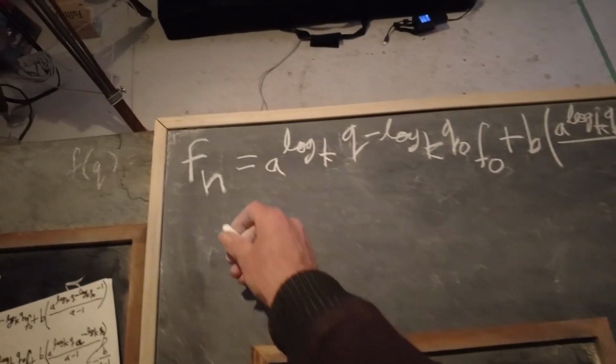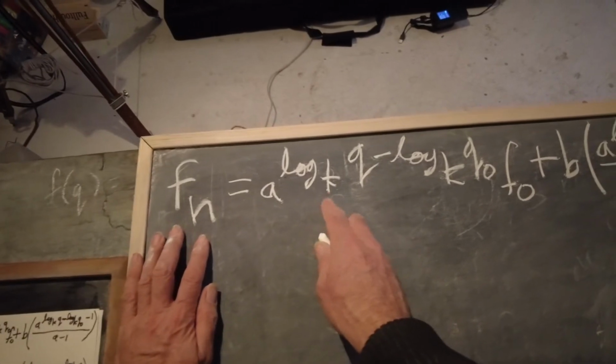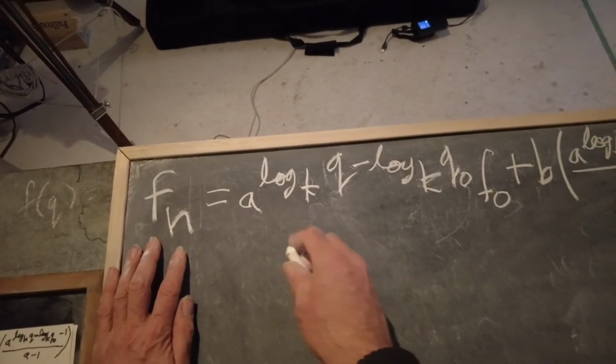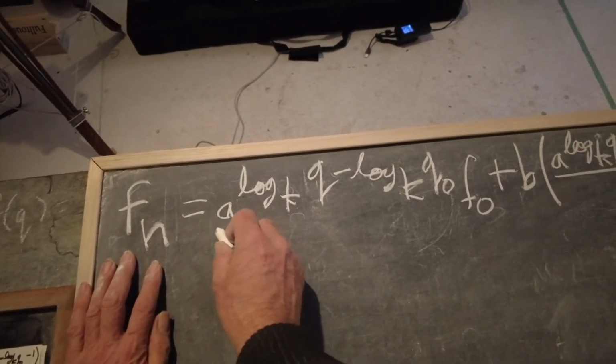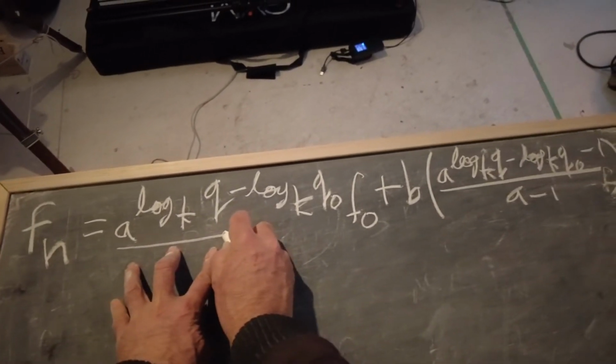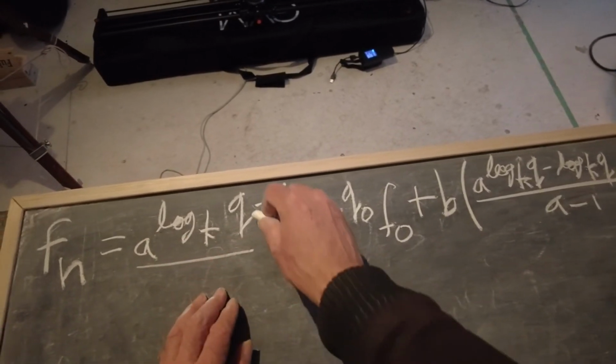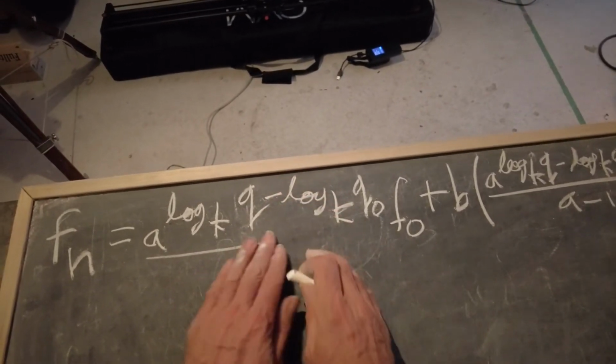And now that f n, you can see a pattern here. This has a term in q. This depends on q. And so this factor here is just a multiplicative constant.